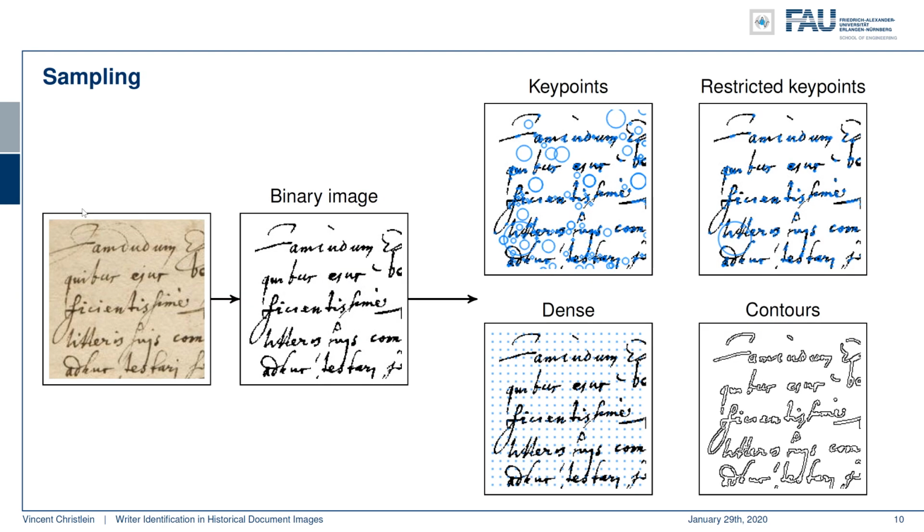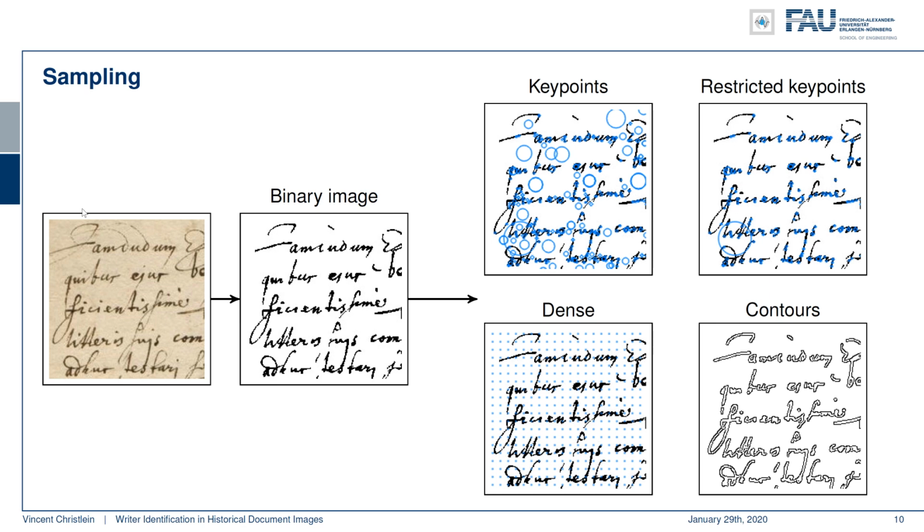Typically I chose to use a binary image. I binarize the image because then you get rid of the background and all these artifacts, hopefully. And then you can use, for example, keypoints, or you can restrict the keypoints to only lie on the foreground pixels.